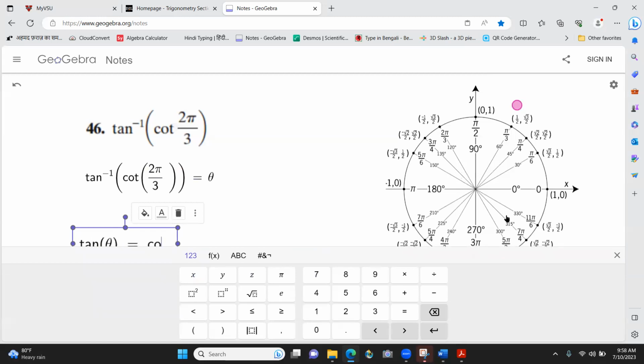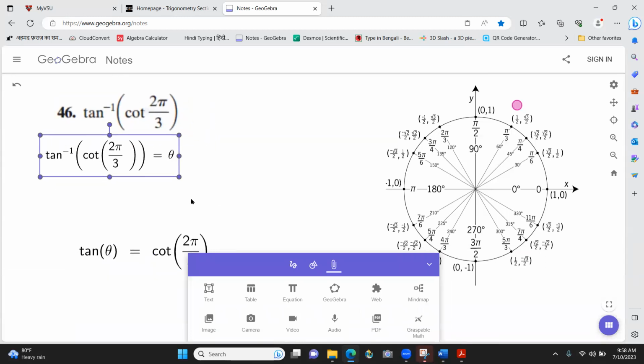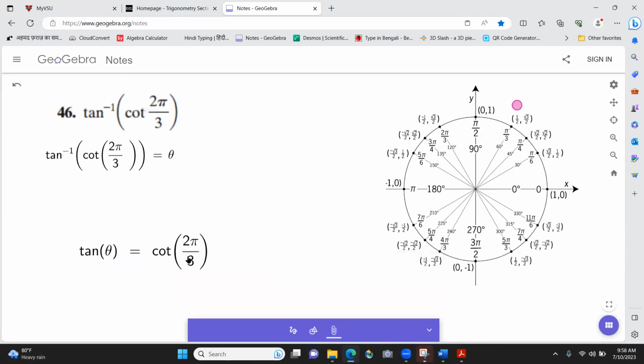is equal to cotangent 2 pi over 3. Now, remember, guys, theta must be on the right-hand side.